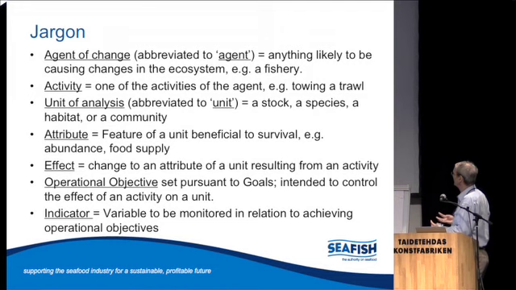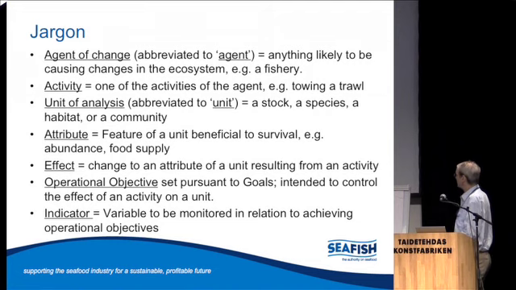That's something you can say, well, this is a unit we can work with. An attribute is a feature of a unit benefiting survival, like abundance, food supply, genetic diversity, lots of things you could look for. An effect is a change, something that actually happens to a unit resulting from an activity.